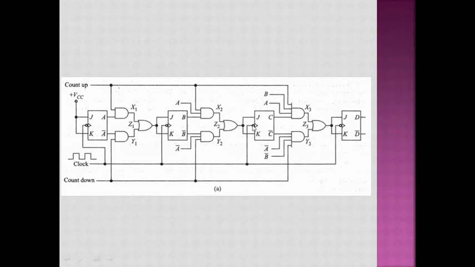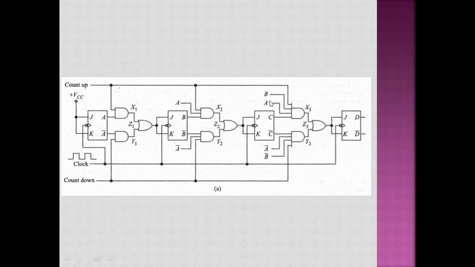So the J and K inputs are going to be high, and at the next negative edge of the clock pulse, the flip-flop C is going to be toggled. In a countdown mode, whenever A bar is high, B bar is high, and the countdown line is high, then the output of Y2 is going to be high, and one of the inputs of Z2 is going to be high. So J and K are going to be high, and at the next negative edge of the clock pulse, the flip-flop C is going to be toggled.